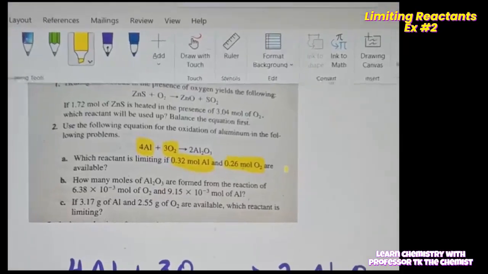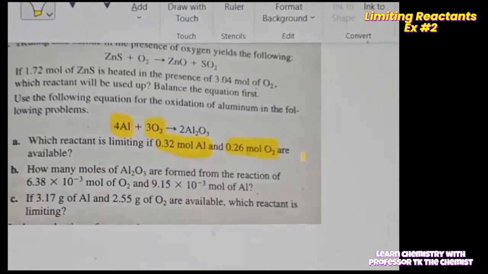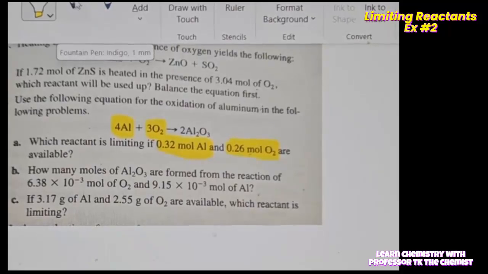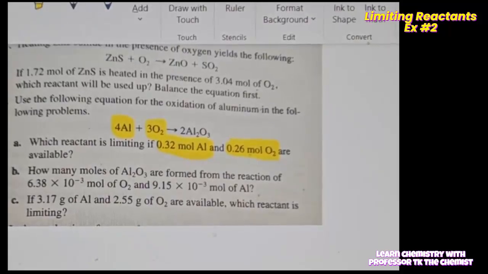Well, they want to know, based on those numbers right there, which one is the limiting reactant. So all you have to do, guys, is just pick the smallest number. So again, what was given in the problem? 0.32 moles of aluminum. And they also gave you 0.26 moles of oxygen.